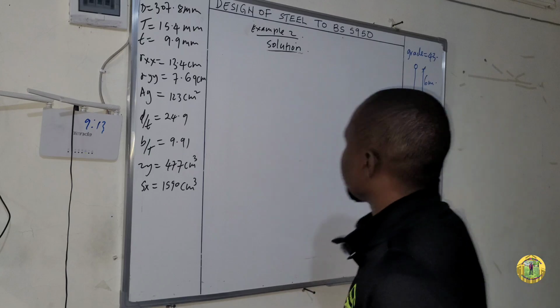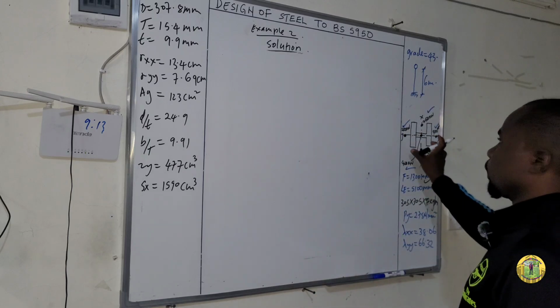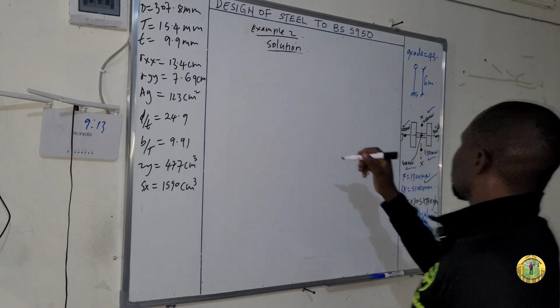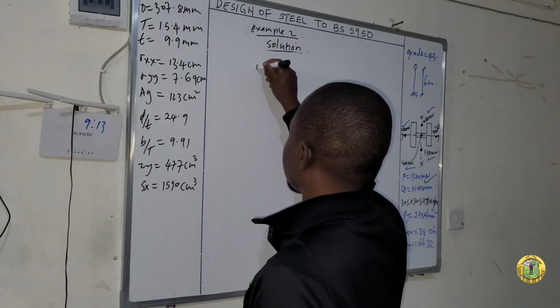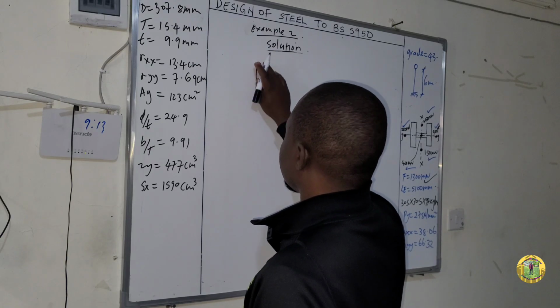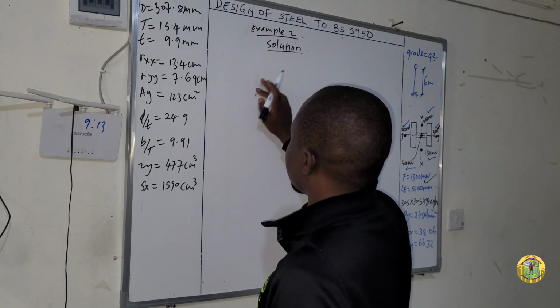So let's now proceed to eccentricity. This is our column section. Let me draw it here so that you can see it clearly.